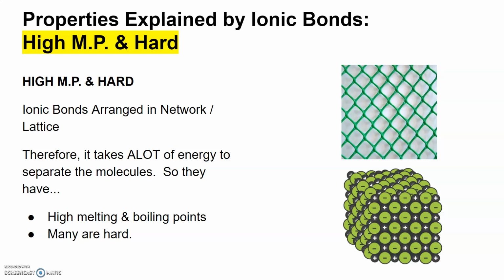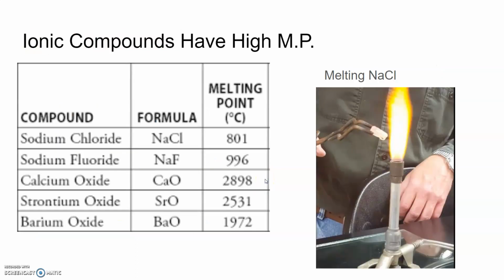So because ionic bonds are arranged in a lattice or a network, they're going to have high melting points and high boiling points because it takes a lot of energy to separate those atoms. And that's also the reason why many of them are hard. And we can take a look at their melting points. If you look at them, they're in the high 100s and into the thousands. So ionic compounds can have really, really high melting points.